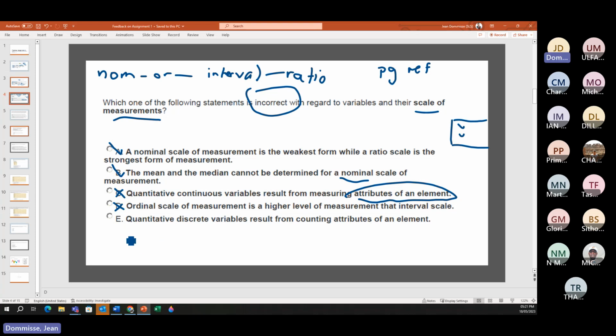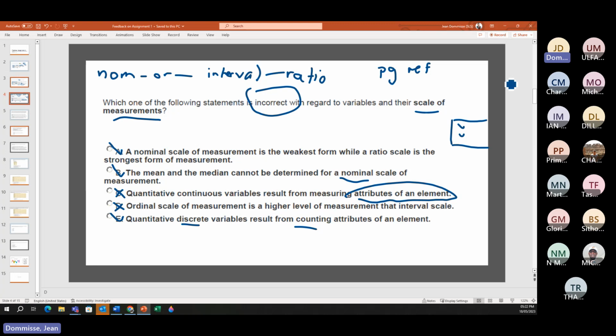Okay, and then quantitative discrete variables result from counting. So we know discrete counting attributes. So that one is correct. Okay, so here we actually had two that were wrong, which is not supposed to be like that.